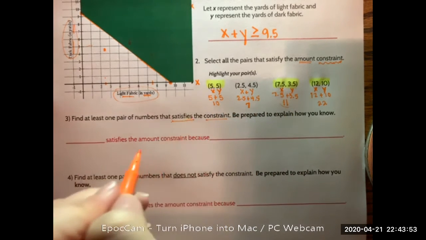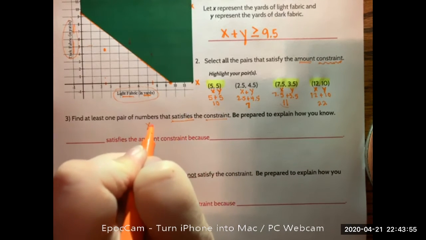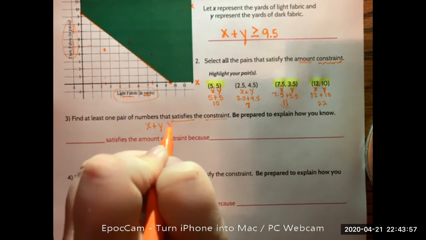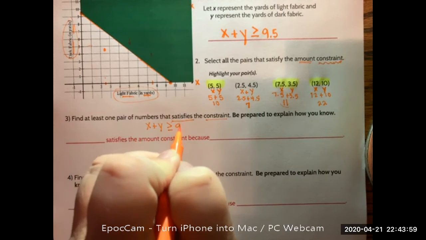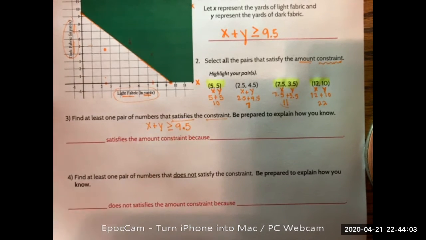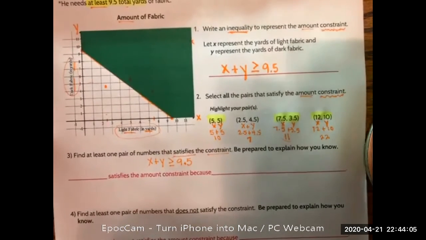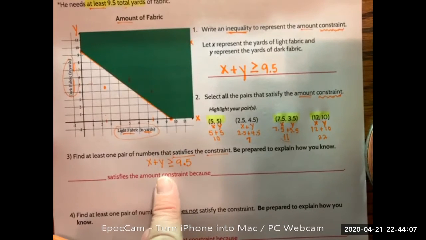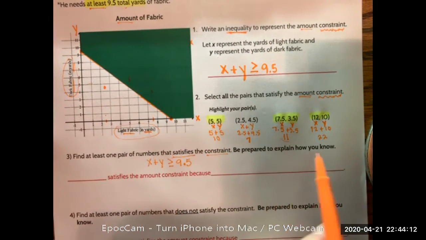Remember, our constraint was x plus y has to be greater than or equal to 9.5. So we need to find a point on our graph that makes this true. That would be enough fabric. And we have to be able to explain how we know.